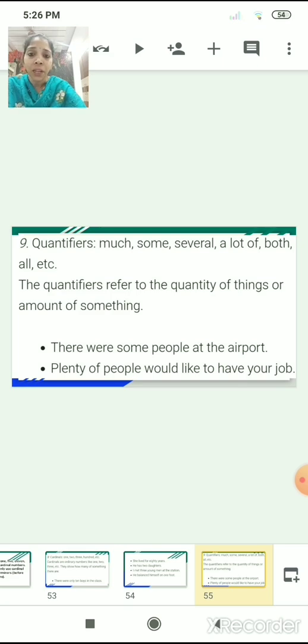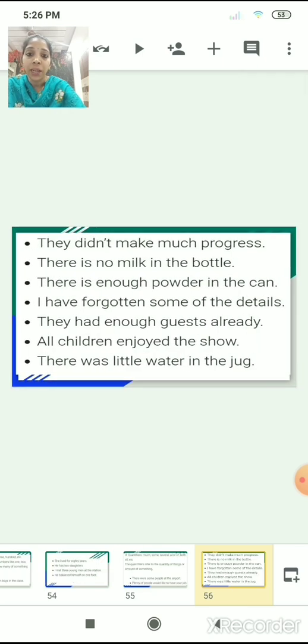Now let us look at this example. There were some people at the airport. So if you see here, some is the quantifier used. Plenty of people would like to have your job. They didn't make much progress. There is no milk in the bottle. There is enough powder in the can.